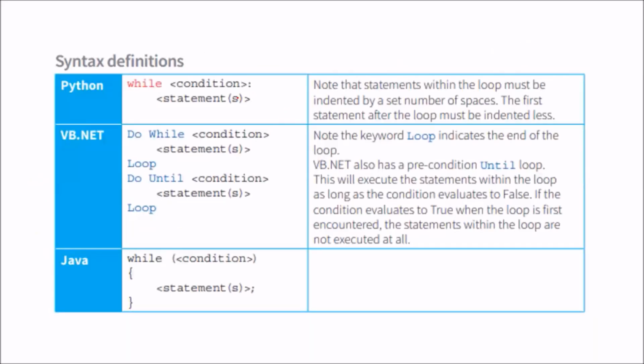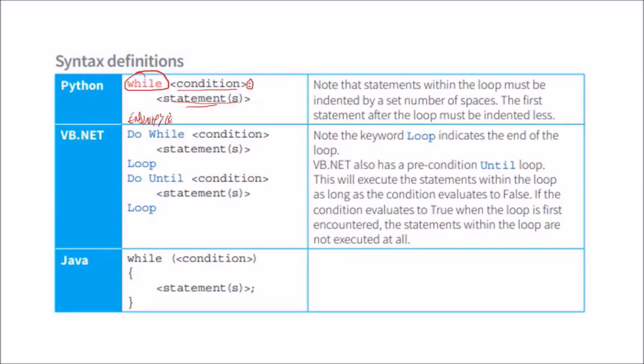In Python, how are we going to use it? We are going to write while in small letters, then the condition, and for do, in pseudocode we write DO in capital letters, but in Python we are going to write a colon, right? Then the statement. So there is no end while statement.